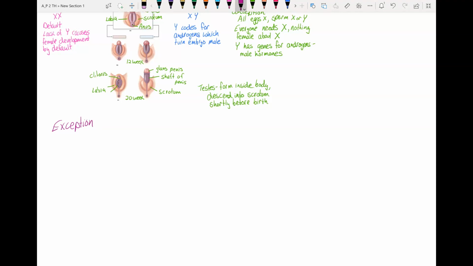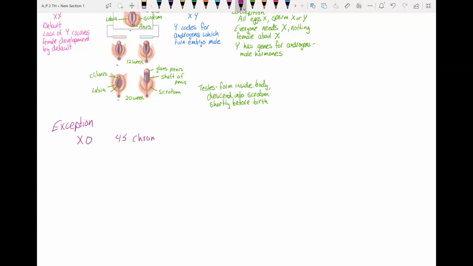Not everyone has 46 chromosomes. So you can have non-disjunctions, which would change the number of chromosomes in a gamete. Like Down syndrome is a common non-disjunction. You have 47 chromosomes instead of 46. You can have XO, meaning this person would have 45 chromosomes total.